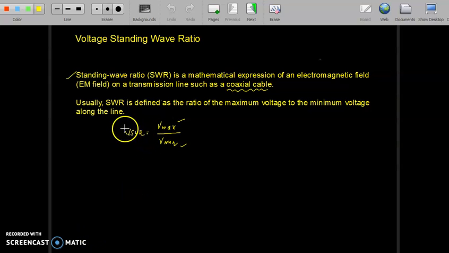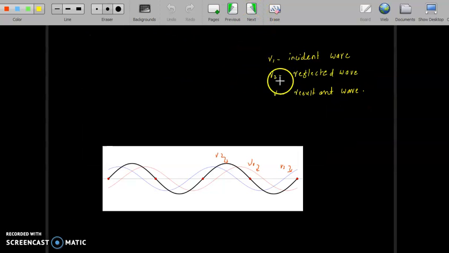The expression of voltage standing wave ratio is V max by V minimum. Now let us see what V max is. V max is the sum of the incident wave and reflected wave. V minimum is the difference of incident wave and reflected wave.